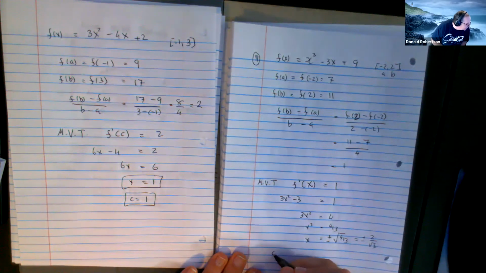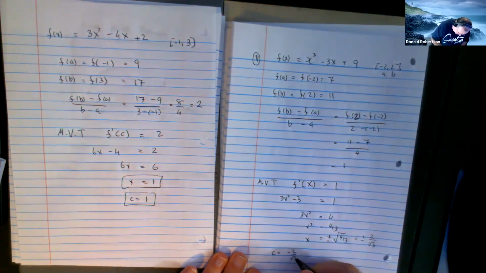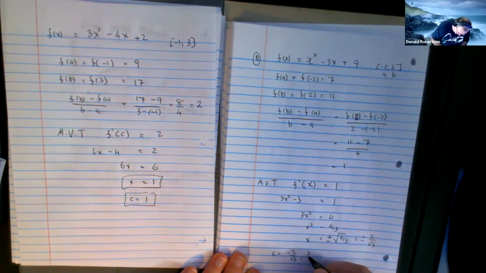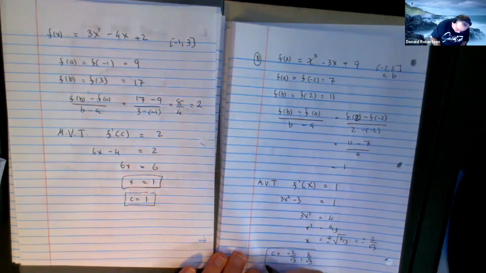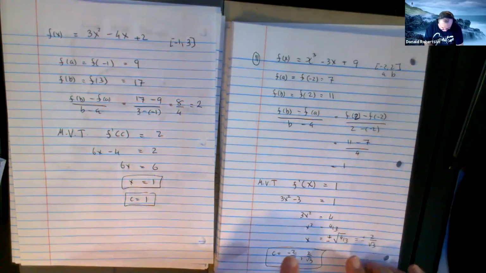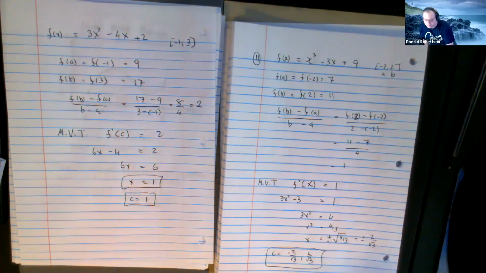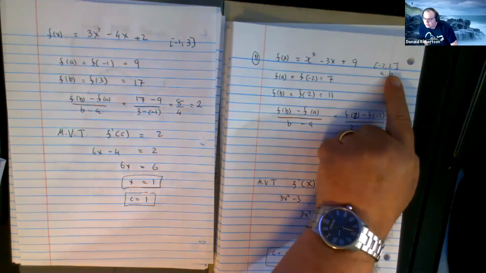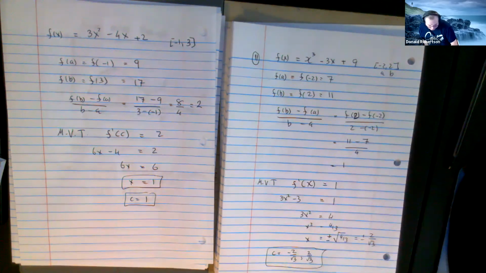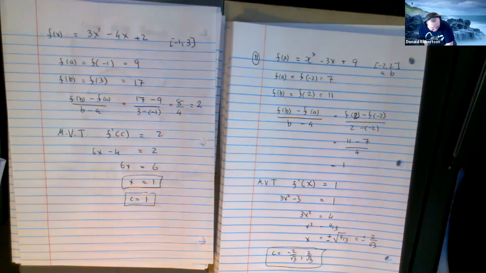So there's going to be 2 places, -2 over root 3 and +2 over root 3. And the reason they're 2 places is that both those numbers are in the interval. Suppose one of these numbers was 5, then I wouldn't use it. I'd only use the one that's in that interval. Here we have 2 good values.